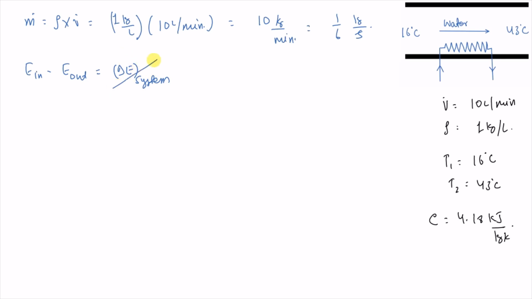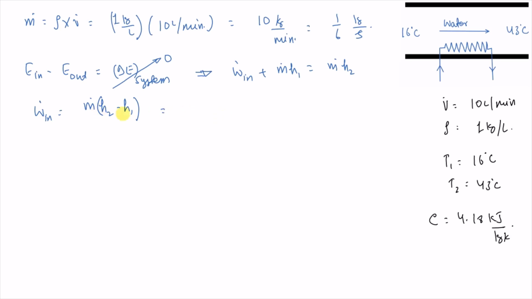So this term would be 0 since it is a steady process, and energy in we have the work input, the power input, plus m dot h1, and energy out we have m dot h2. From here the work input or the power input will be equals to m dot (h2 minus h1). I have taken m dot common.